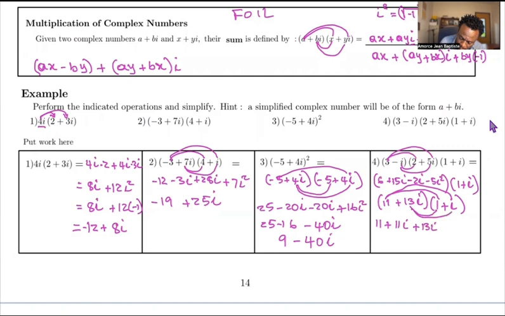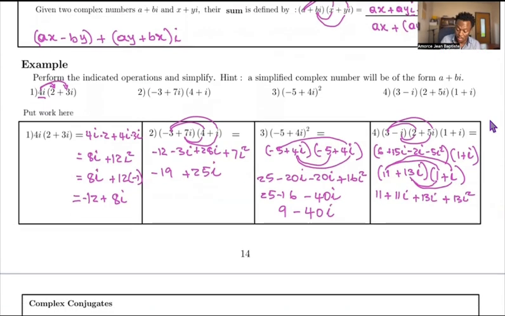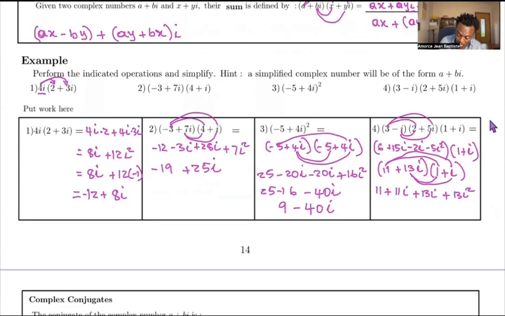And then 13i times i is plus 13i squared, which is negative 13. So that's 11 minus 13, which is negative 2. And then 11i plus 13i is plus 24i.